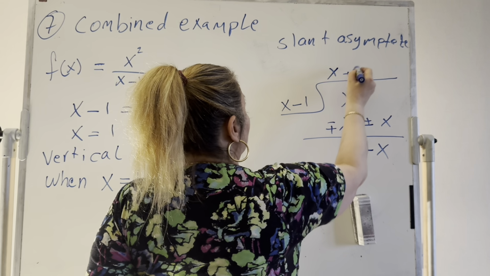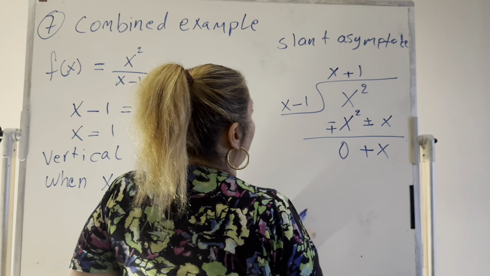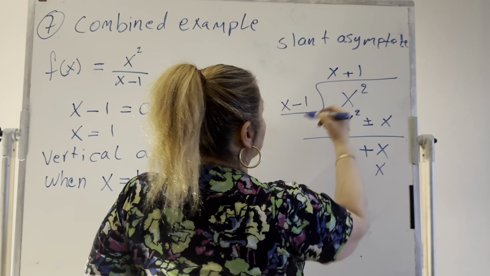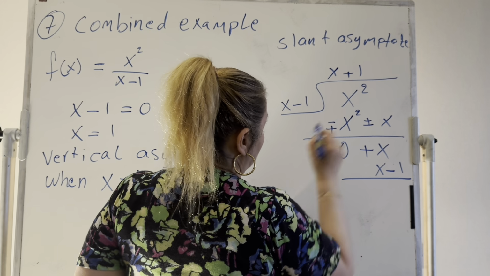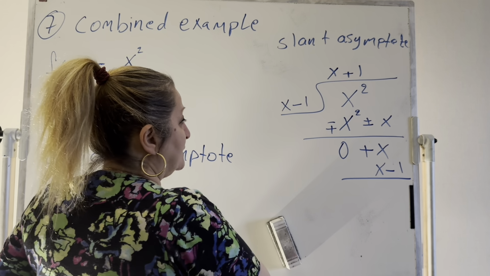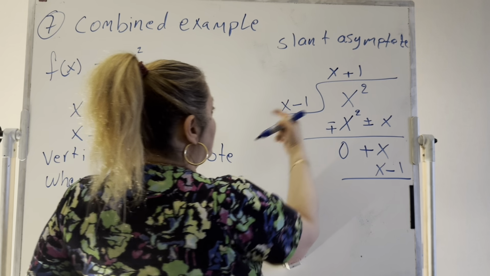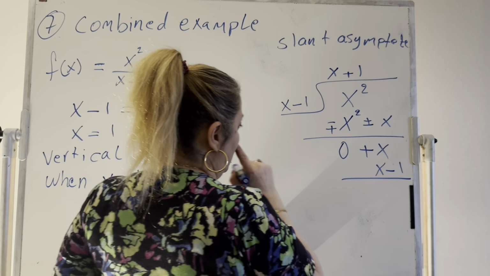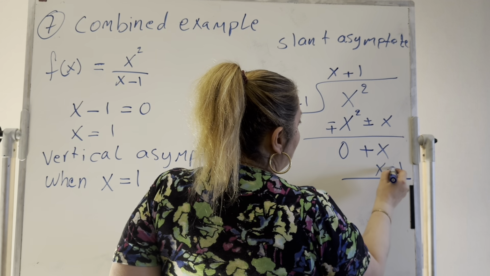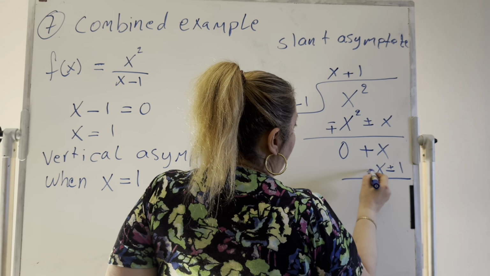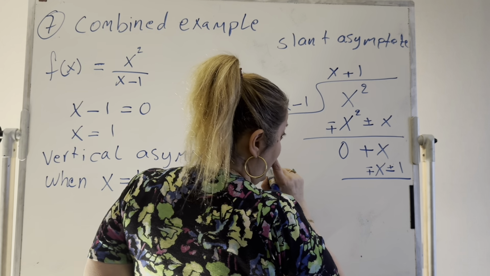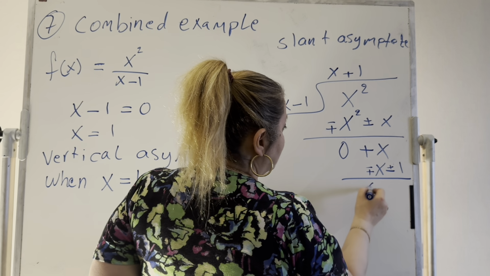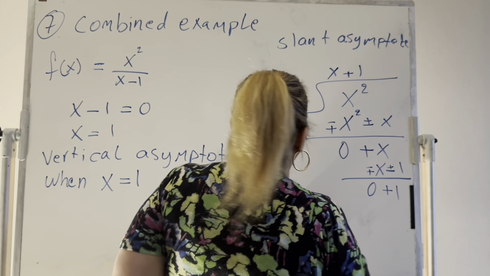It's just 1. 1 times x equals x, and 1 times minus 1 equals minus 1. I will change the sign. x minus x equals 0, plus 1.